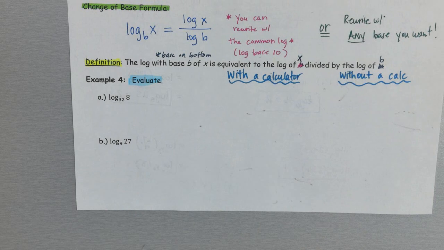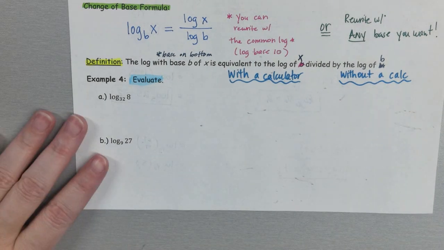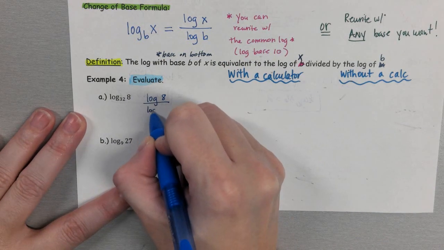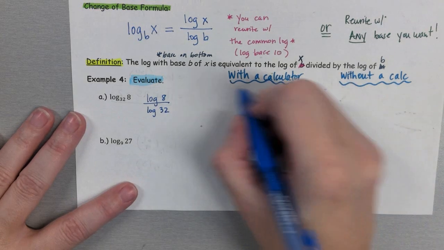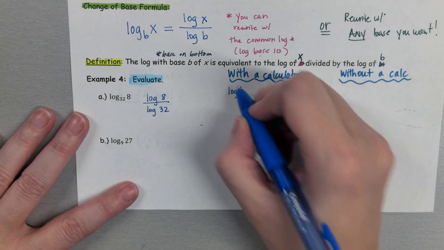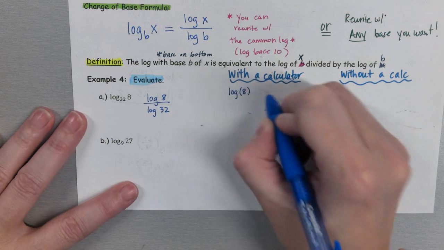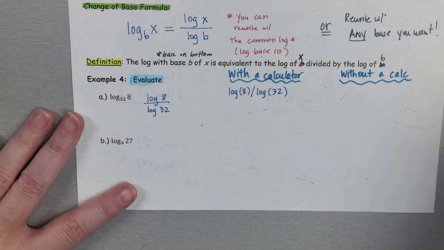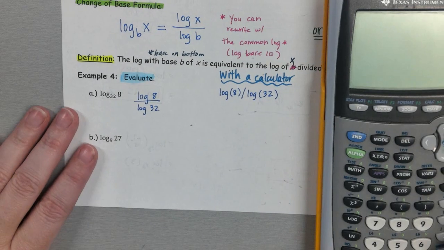Okay, so with a calculator, we're just going to use that change of base formula. So this would be the log of 8 divided by the log of 32. When you do this on your calculator, the parenthesis automatically comes up. So it's going to be the log of 8, close your parenthesis, divided by the log of 32. Okay, so let's do that.